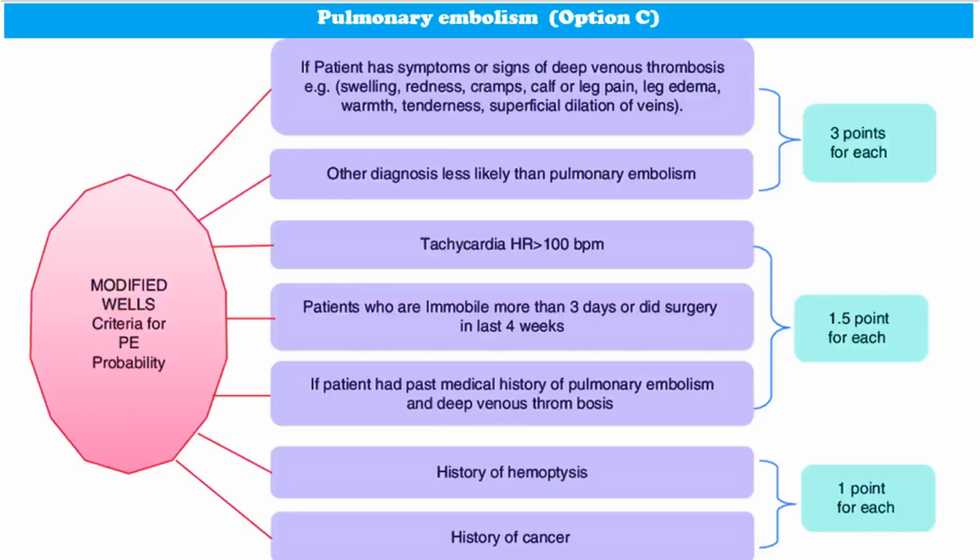These elements include clinical signs and symptoms of deep vein thrombosis, such as leg swelling and pain, an alternative diagnosis being less likely than PE, tachycardia, heart rate over 100 beats per minute, immobilization or surgery in the recent past, previous DVT or PE, hemoptysis, and the presence of malignancy with treatment within the last 6 months or currently under palliative care.